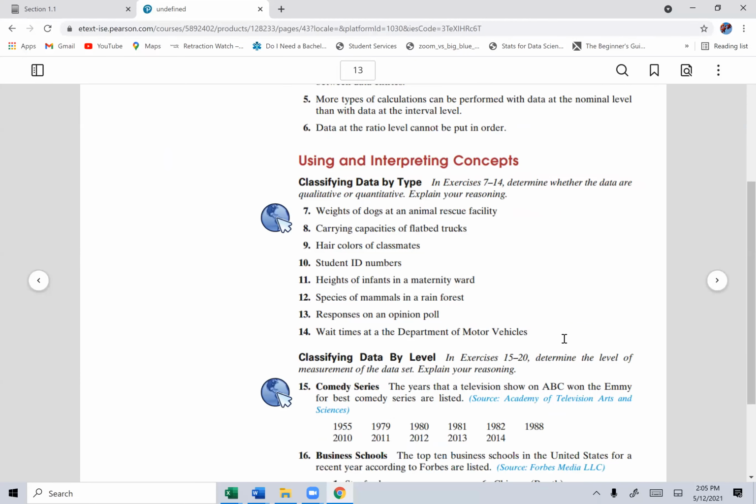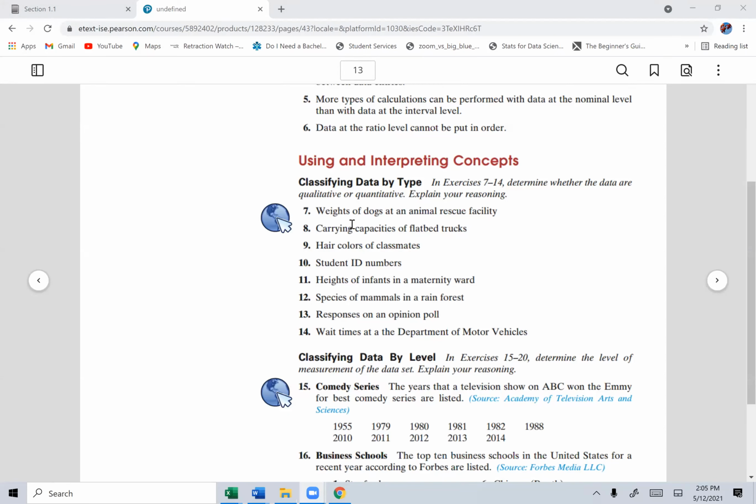Determine whether the data is quantitative or qualitative. Remember, quantitative is a measurement, is a number. Qualitative is a name, a label, or a number that doesn't make sense to add or subtract. So weights of dogs, quantitative, 100%.